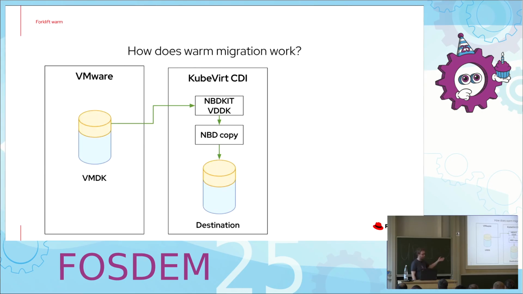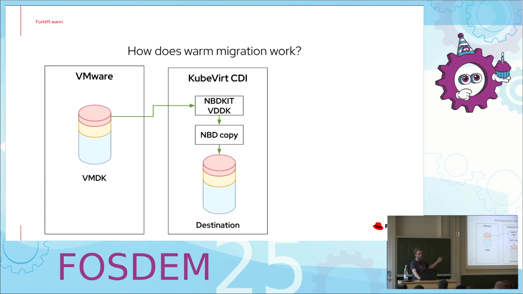So, for example, the blue one could be 500 gigs. We transfer it, and then we would be transferring only the changes which happened. So the orange one can be 5 gigabytes. And then we do another one. And the red one can be even less, because the migration time of 5 gigabytes will be much less than the migration time of 500 gigs.